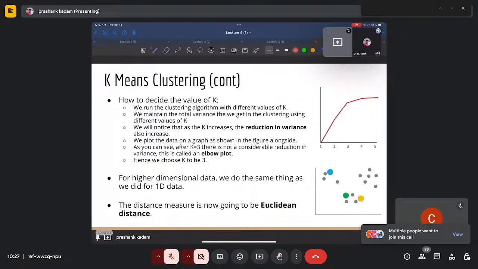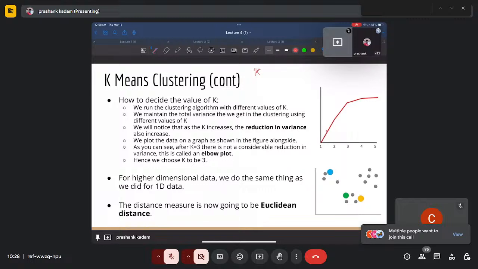In order to choose the optimal value of k, what you do is you take one value of k, you calculate the optimal clusters for that value, you calculate the variance and you plot it, right?